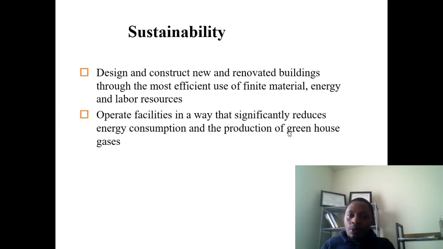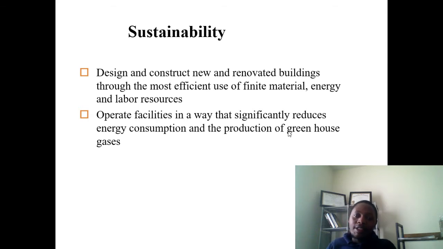We also need to operate these facilities in a way that will significantly reduce the energy consumption and the production of greenhouse gases. This will go into more detail, even the way we dispose of our waste within our buildings.